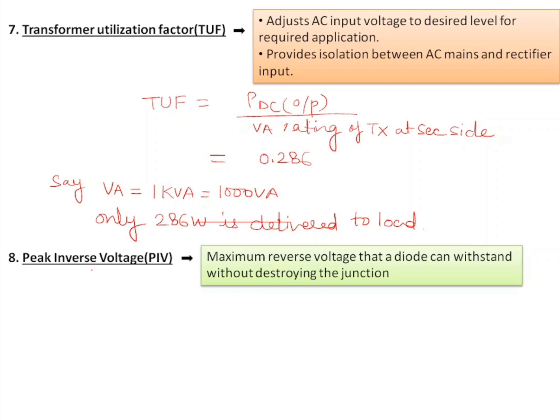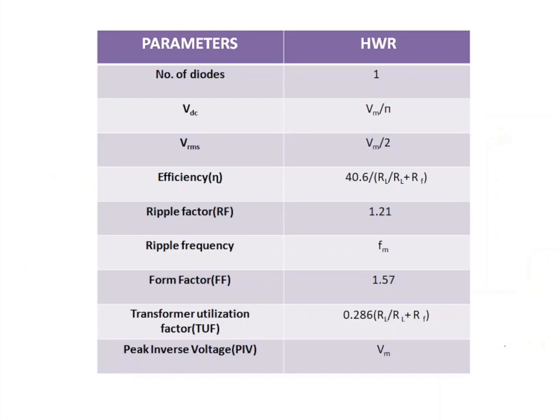The maximum voltage in reverse biasing that a diode can withstand without destroying the junction is called PIV, and PIV for the half wave rectifier is Vm, the maximum peak voltage of the AC waveform. Now I have consolidated all those important performance parameters in a table, and these are the generalized values for these parameters. Go through them once.